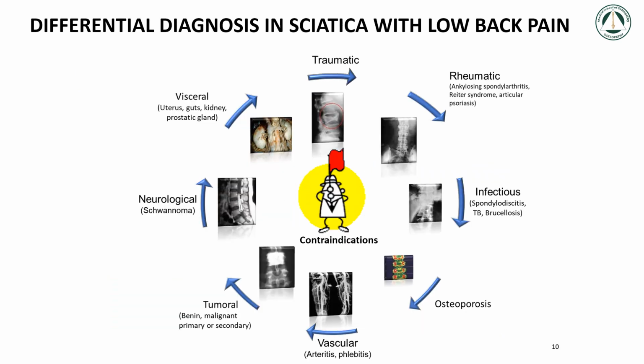Contraindications to manipulations can include traumatic pathologies such as fractures, rheumatologic conditions such as Reiter syndrome, ankylosing spondyloarthritis, bone infections, bone tumors, vascular disease, arteritis, phlebitis, neurological tumors such as neurinoma, and visceral pathologies that produce referred pain to the low back.